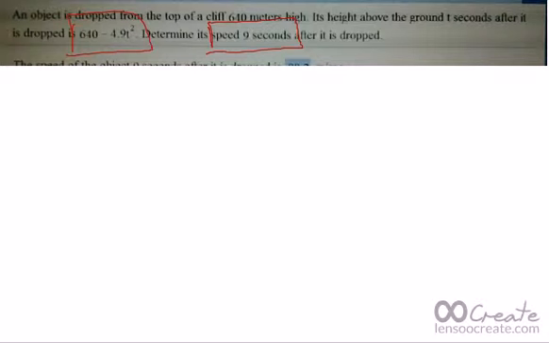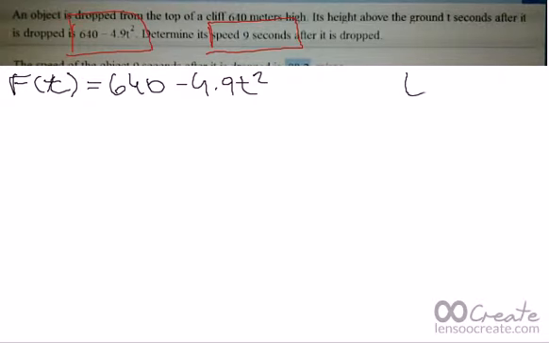With that information, f of x, or f of t in this case, equals 640 minus 4.9 t squared, and we need to find it when t equals 9.